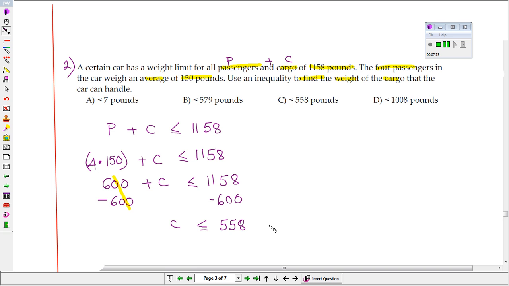That will be the weight of the cargo. Now I'm going to go to the multiple choice and look for the weight of the cargo is less than or equal to 558 pounds. So the answer will be C. Cross out A, B, and D.